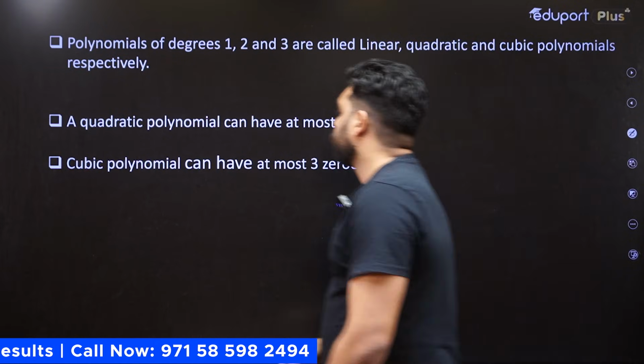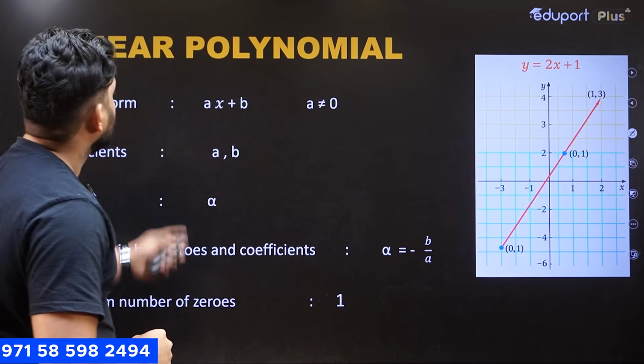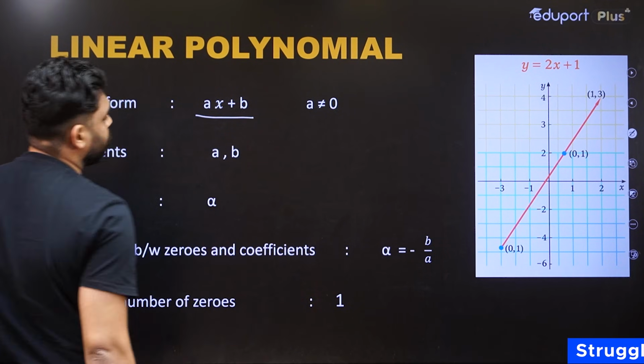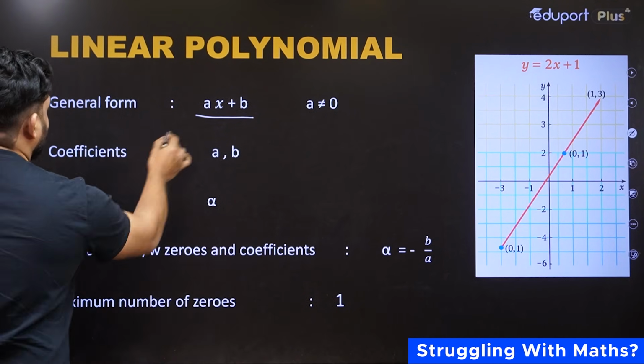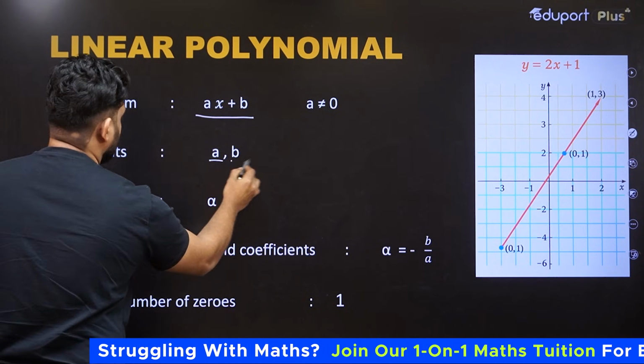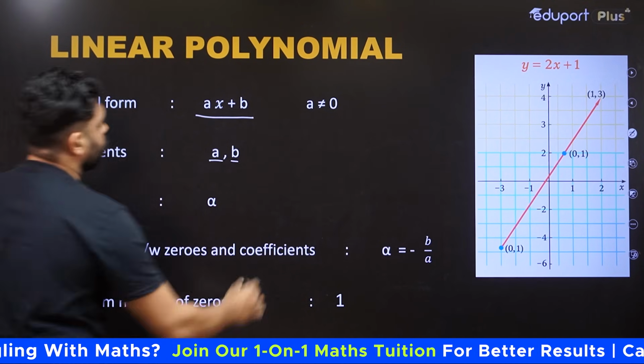Now let us move to the next topic, linear polynomial. We already said the general form of a linear polynomial is ax plus b, where a is the coefficient of x and b is the constant term. So what will be the zero?